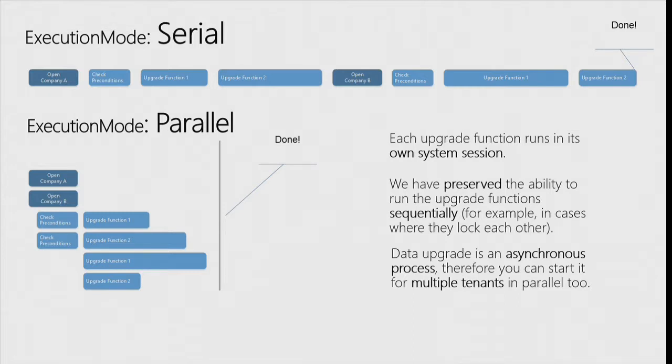Another thing to notice is data upgrade is an asynchronous process, so you can start it also for multiple tenants in parallel. Imagine having multiple tenants, multiple companies, and running the data upgrade all at one time in parallel.